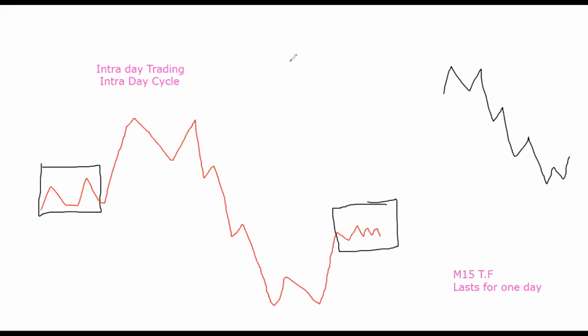So market sessions in general, we are talking of sessions and how they control the market. Because remember, the market cannot be controlled by the same guys for 24/7. They will actually get tired.